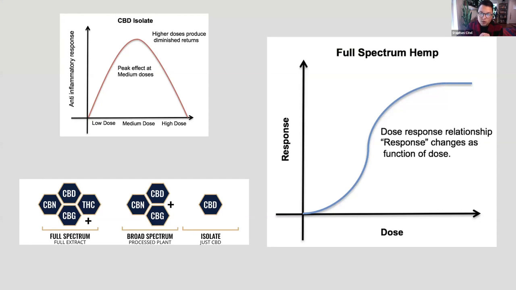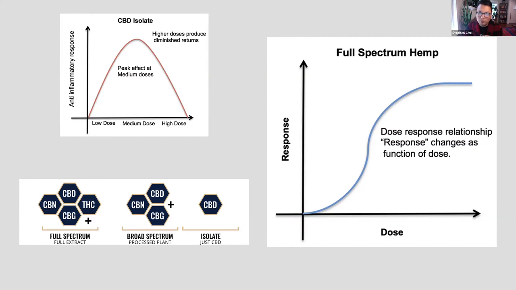As far as dosing with these different products, this is another reason I really try to use full or really robust broad spectrum products. It looks like when we use an isolate product, certainly of CBD, and I'm curious to see if we were to do this with CBG whether we would have the same effect, we might have some interesting dose responses and some less linear responses to doses of an isolate compared to a full spectrum product.